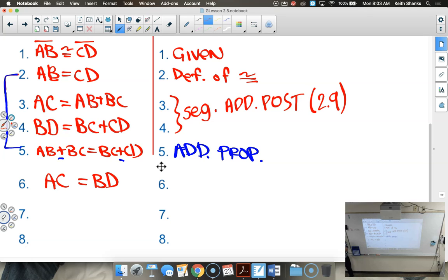It didn't repeat number 2. The letters are different. You got rid of the middle. I didn't get rid of the middle. Oh, it's the middle bits on each side. I got rid of the B's, but that's not what I actually did to get from this step to this step.